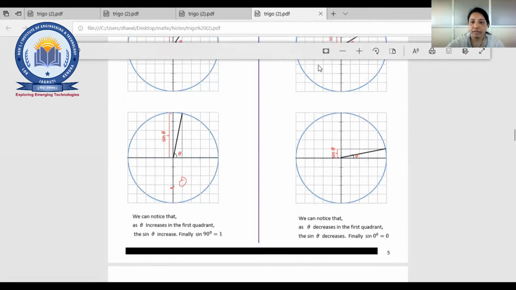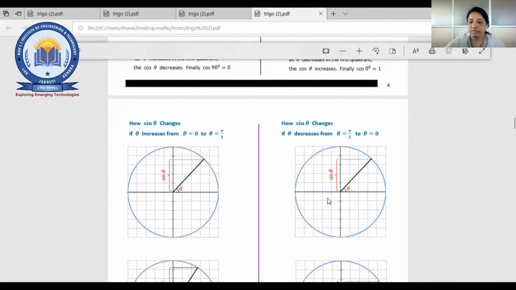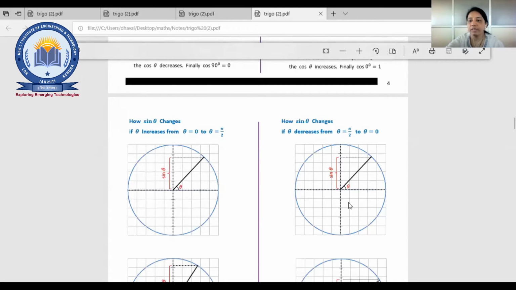So that's why you can say that sine 90 equal to 1, cos 90 equal to 0 and sine 90 equal to 1. The reverse case for the same, that is what? Sine theta, for which value? Pi by 2 to 0. That means what? The theta is supposed to be decreased.